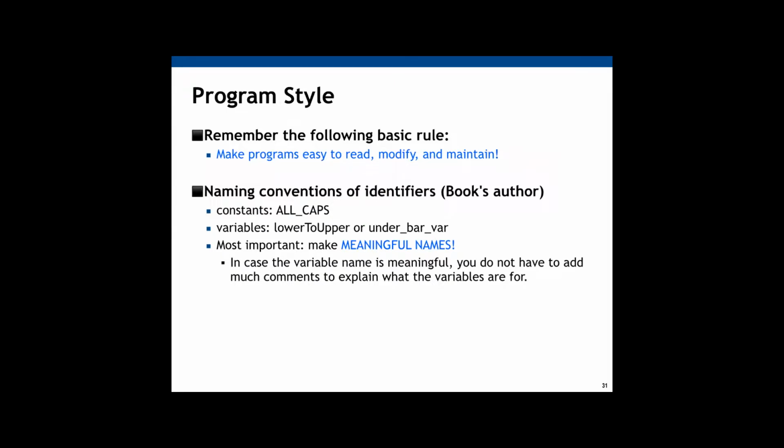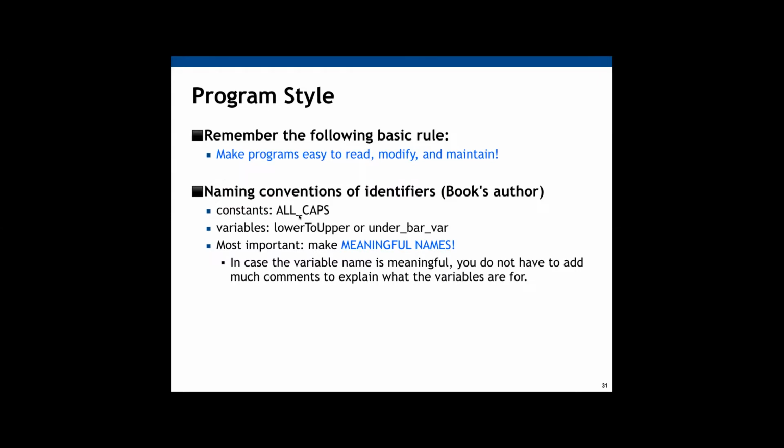And for program style, always try to make the program easy to read, modify, and maintain. There are naming conventions for identifiers for making a good program, such as constants should be all capital letters. This is not enforced by the C++ compiler. Even if you do not follow these naming conventions, it does not cause any compiler error.